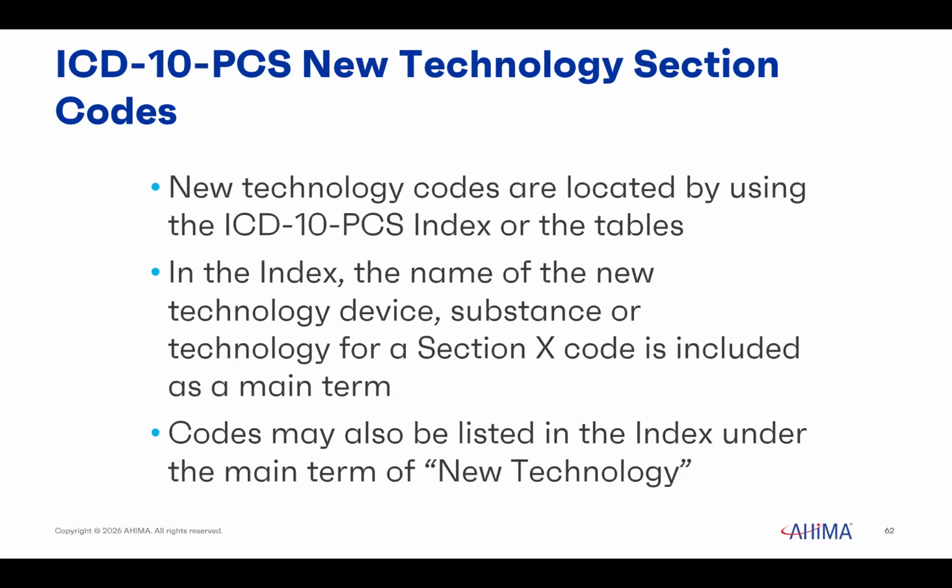New technology codes are located by using the ICD-10 PCS index or tables. In the index, the name of the new technology device, substance, or technology for the Section X code is included as a main term. Codes may also be listed in the index under the main term of new technology.